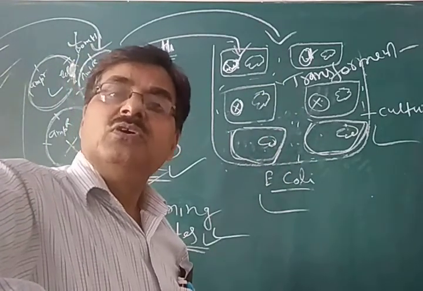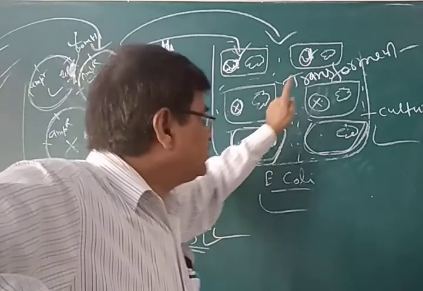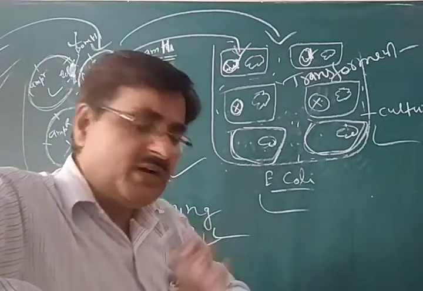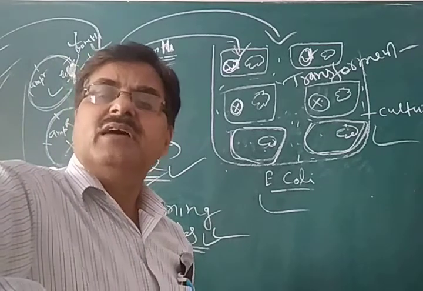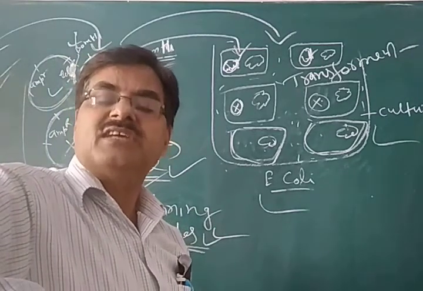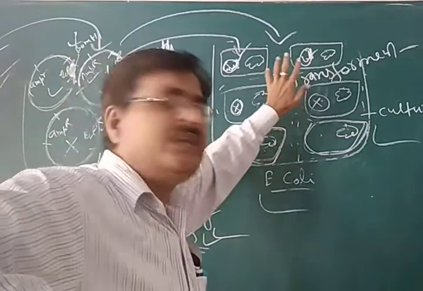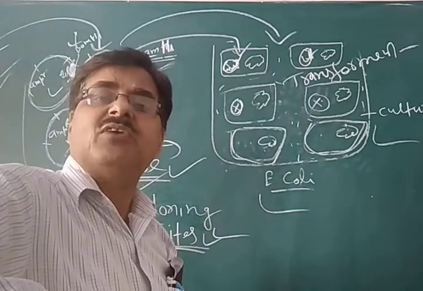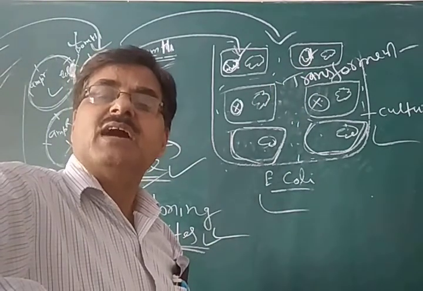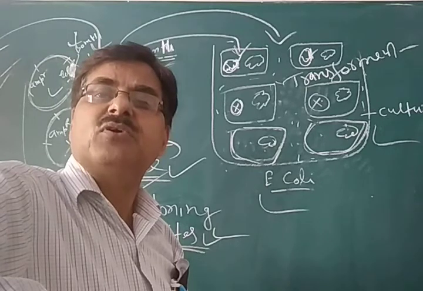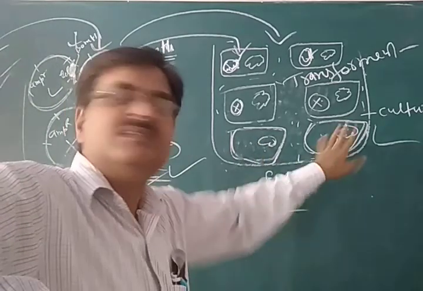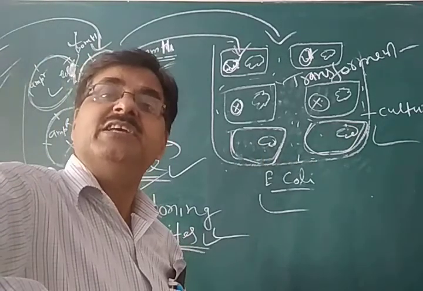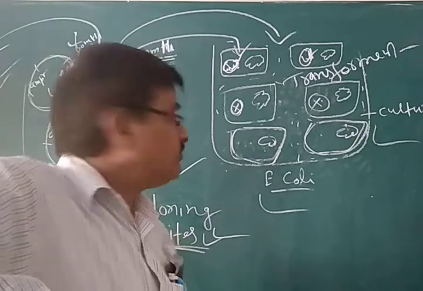In biotechnology, we require only transformants. At the industrial scale, we require the growth of transformants for the large scale production of any industrial product. We do not require non-transformants in the culture medium in the industry. So what to do?